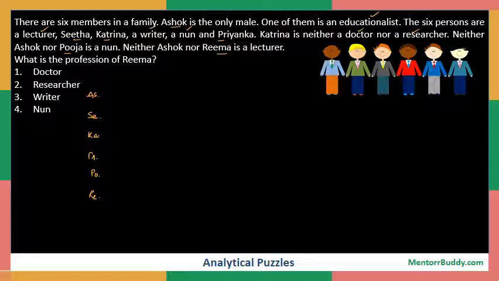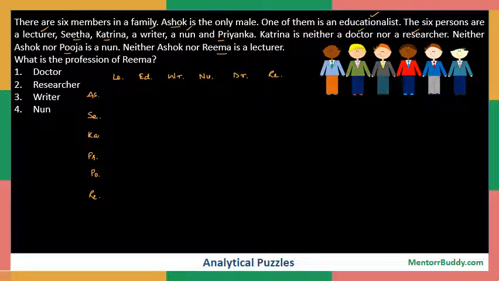Because the names have been written in column format, I'm going to put their professions across the horizontal line: lecturer, educationalist, writer, nun, doctor, and researcher.